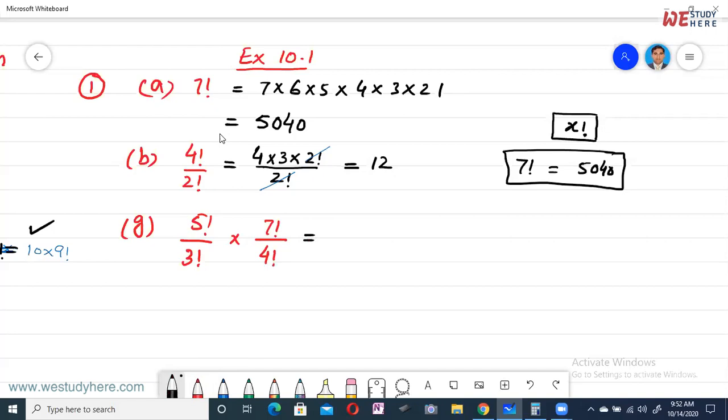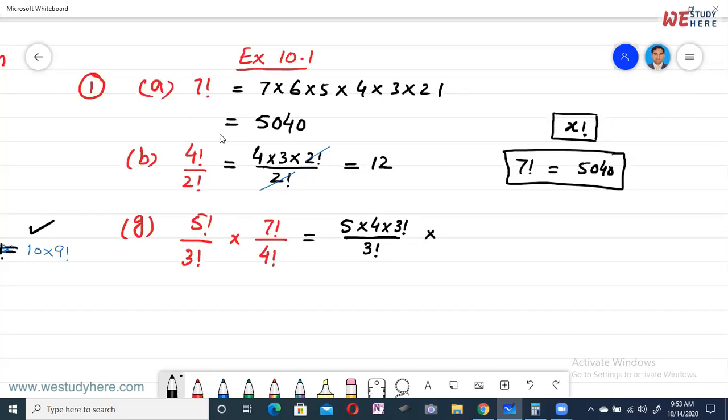Here is 5 factorial. 5 factorial we can expand as 5 into 4 into 3 factorial, because here in its denominator 3 factorial is available. After that, no need to expand.